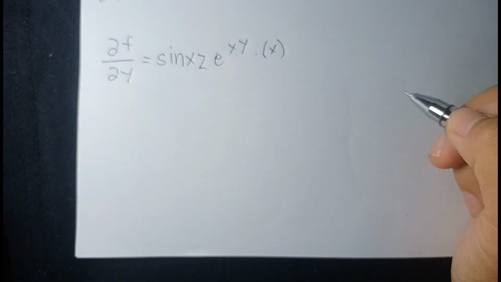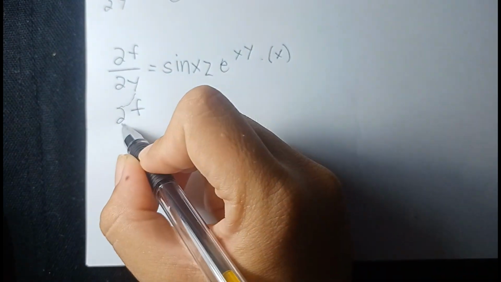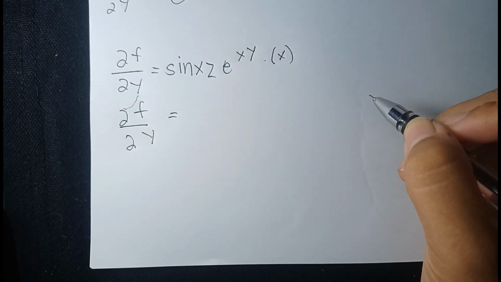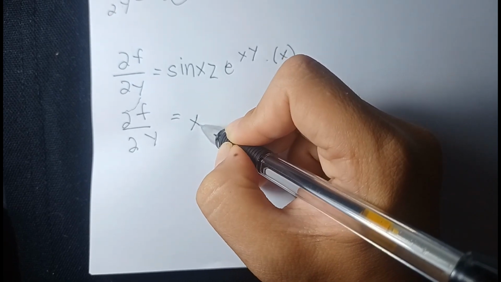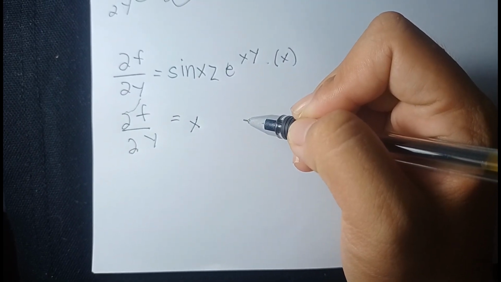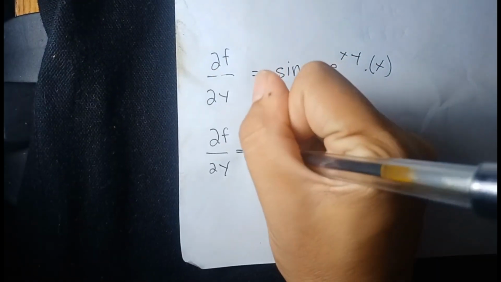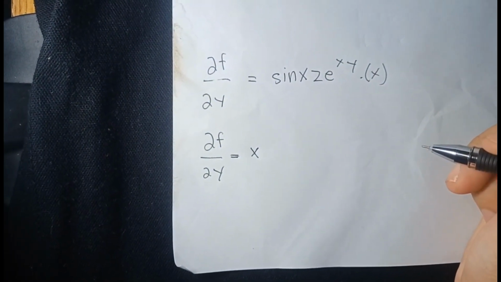So the partial derivative of f with respect to y is equal to, let's copy the x times the derivative of y, which is 1.